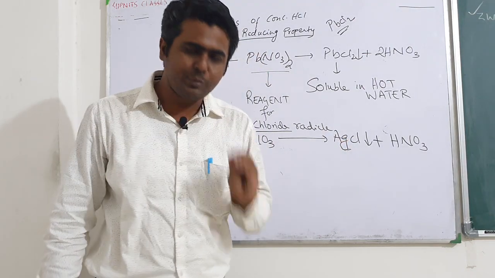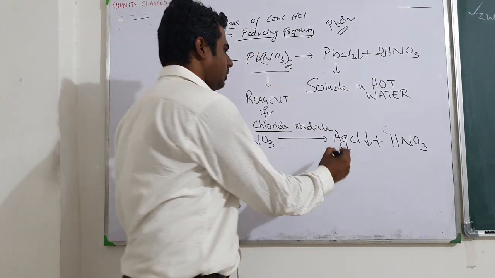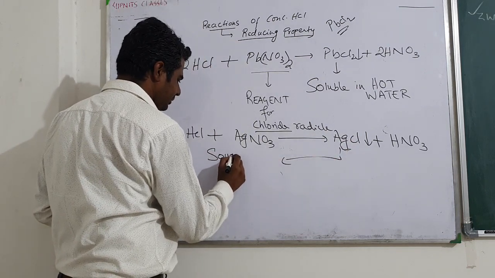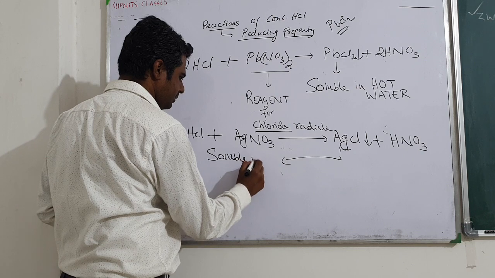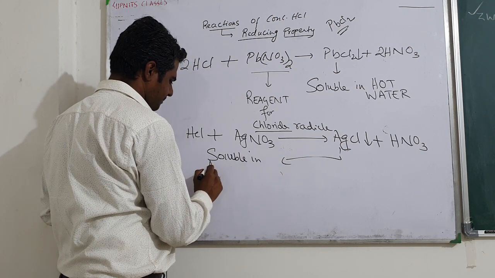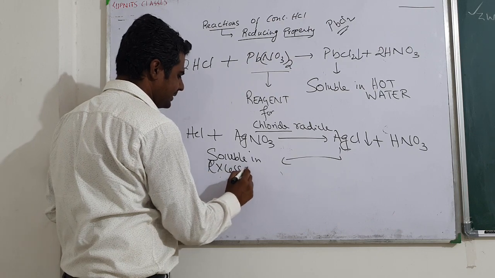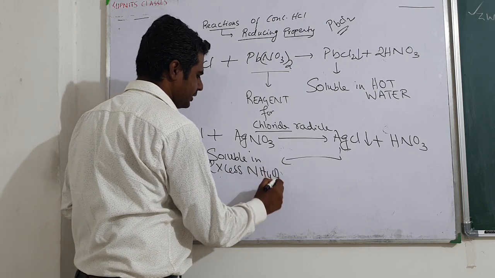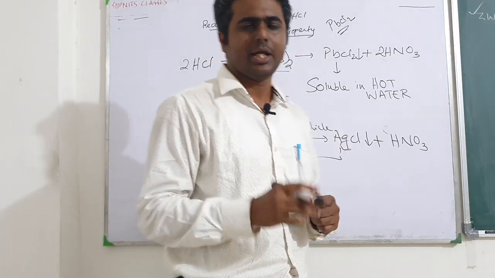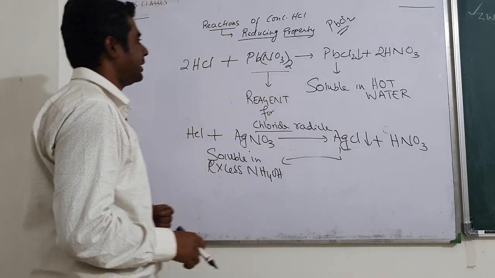Does it solubilize in hot water? No. It is soluble in excess NH4OH. It forms diamine silver salt. A diamine silver complex is getting formed. We have discussed this in our analytical chemistry lecture.